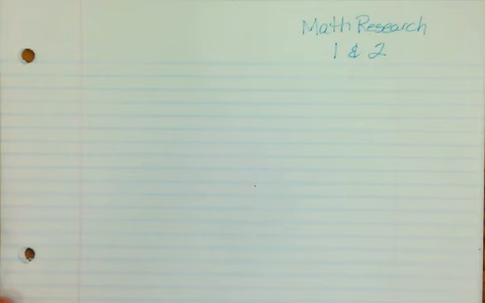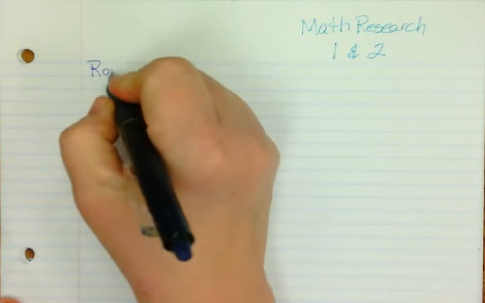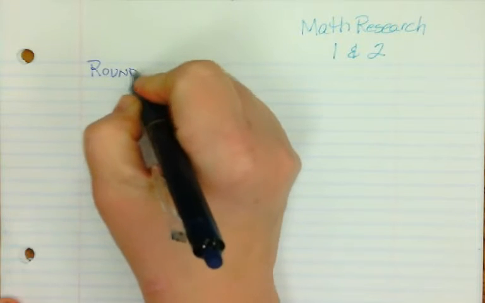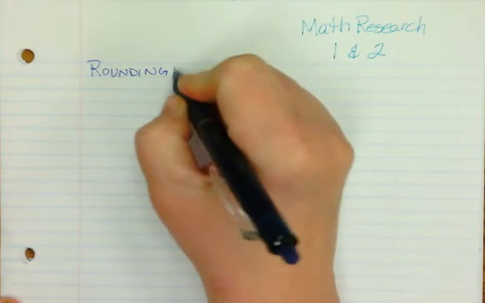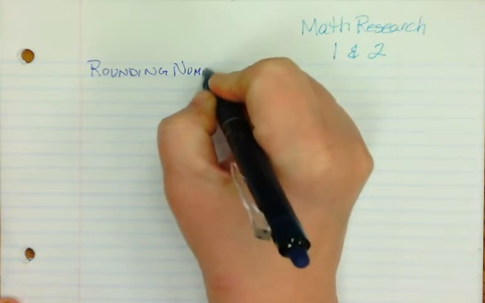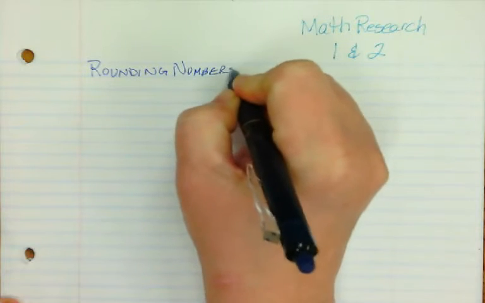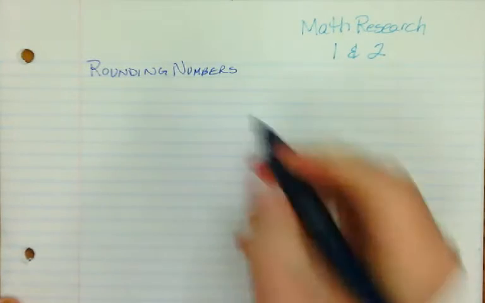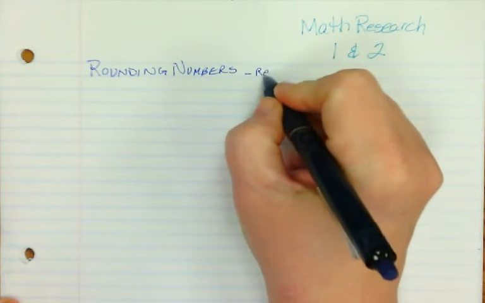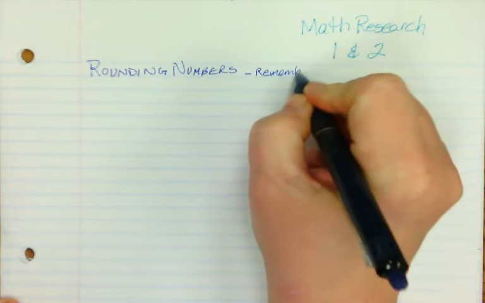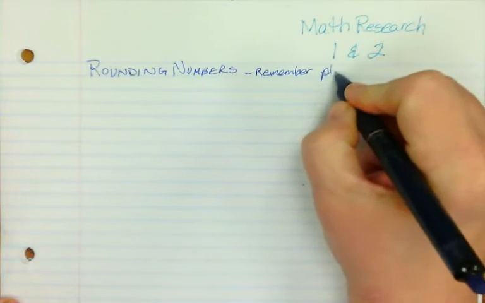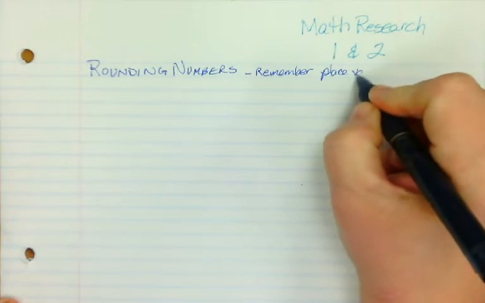Basically, our focus is going to be on like three different things. First, we're going to look at rounding numbers. And what we have to remember is place value.